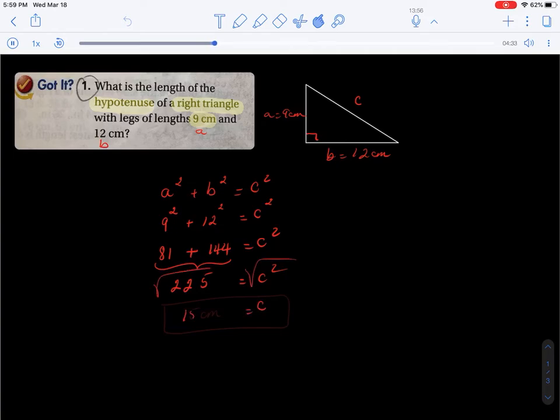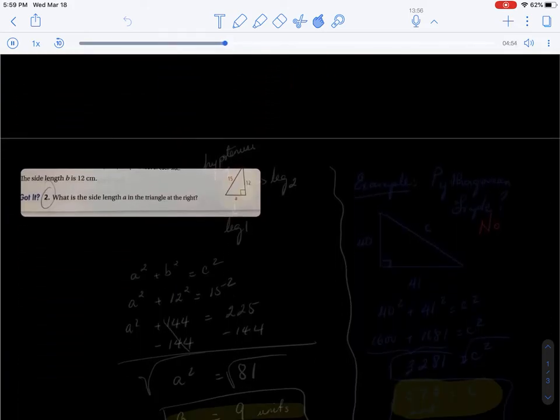Remember, when you're talking about length, you cannot have a negative length. Remember, last chapter 9, we talked about square roots: there are 2 answers. In this case, since we're talking about the length of a triangle, we only take the positive value.